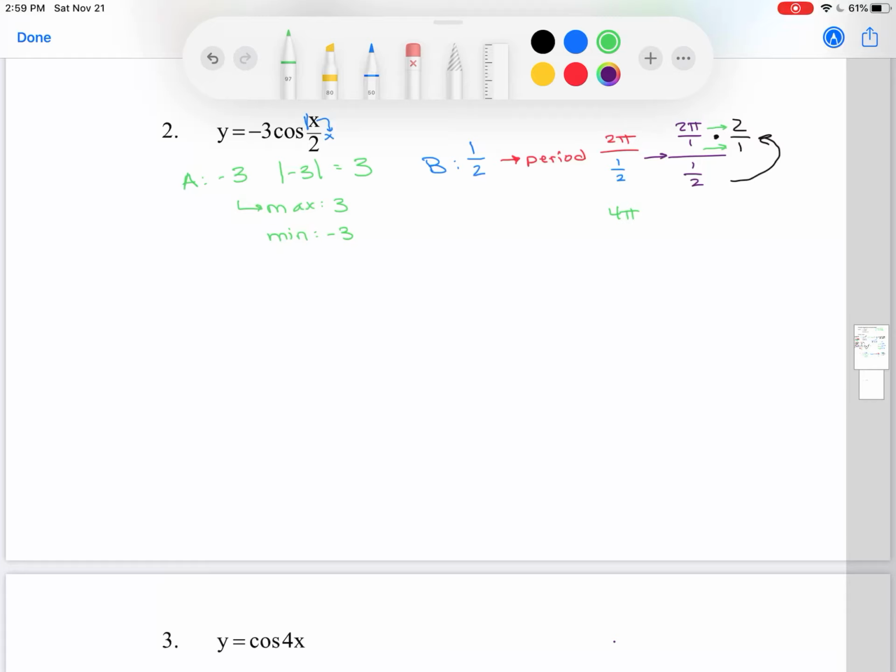So I want to skip the first fraction, flip the second, and then I want to multiply. And remember, when we multiply, we are multiplying straight with each piece. So my period for this one is going to be 4 pi. It's going to repeat itself every 4th pi.